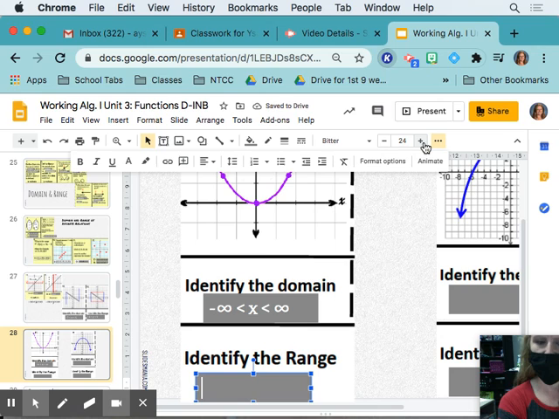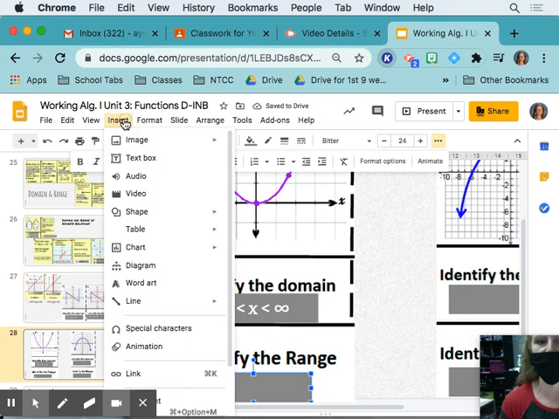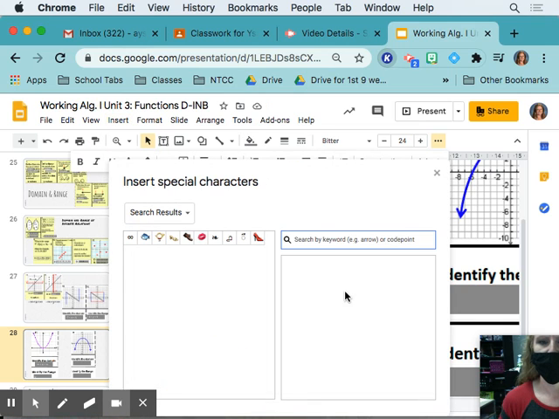So y is greater than or equal to 0. I need to insert that symbol. Greater than or equal to.